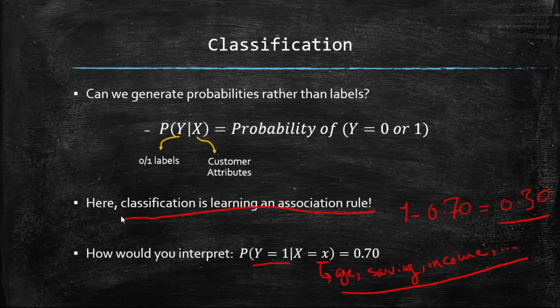So if I want to measure the probability of a customer being high risk given their attributes equal to some values that I'm going to denote with small x, I can also use mathematics and say that equals 1 minus the probability of that customer being low risk, y equals 0, given the same attributes.